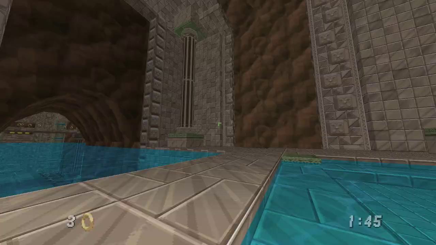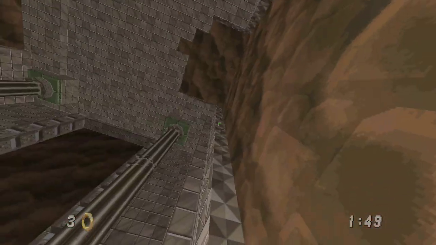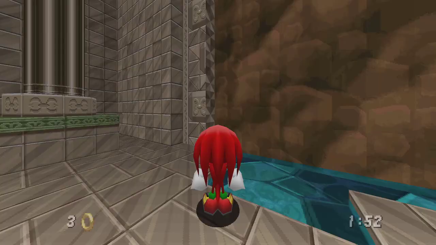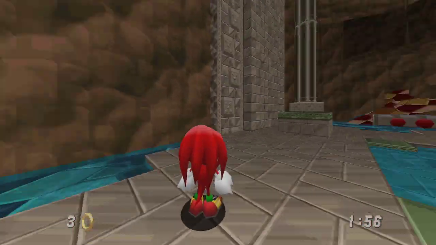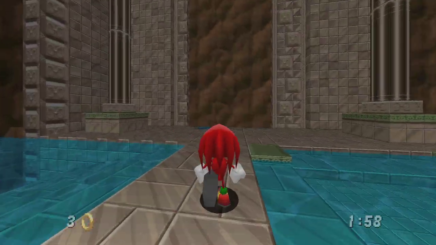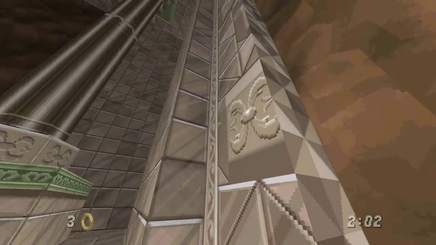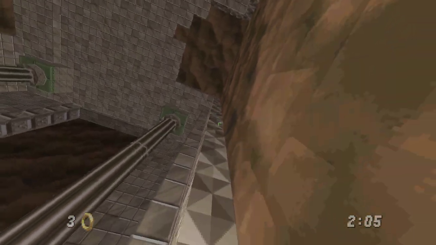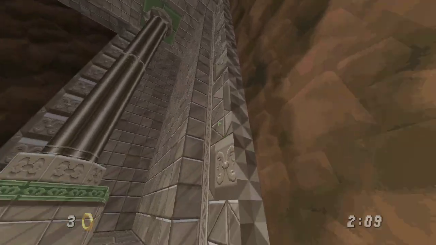Also, as an extra highlight, one of the narratives of Deep Sea Zone is that all of the temple construction here is old and in decay. This texture right here is not necessarily intuitive, but you're looking at the inside of the stone texture.